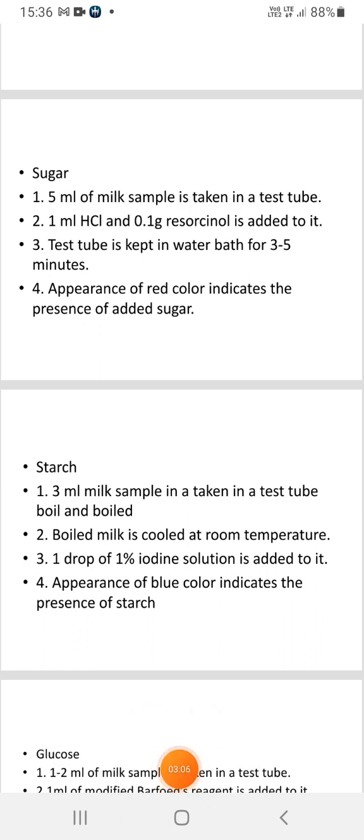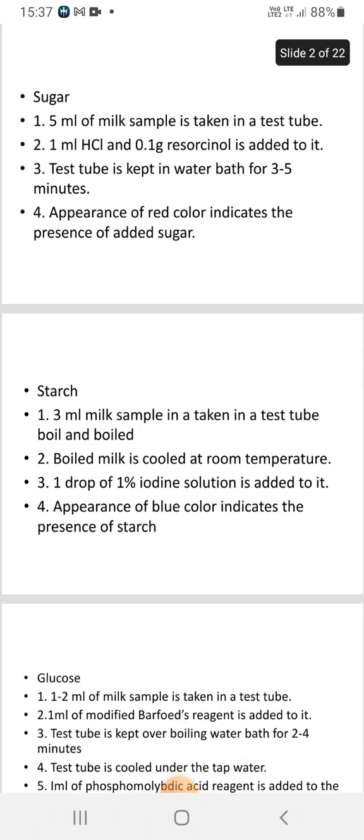So the milk sample is taken in a test tube, then it should be boiled for some time, and then 1 drop of iodine solution is added to it. Then we have to look for what? We have to look for the color, what color it will give. So the appearance of blue color indicates the presence of starch, added starch.